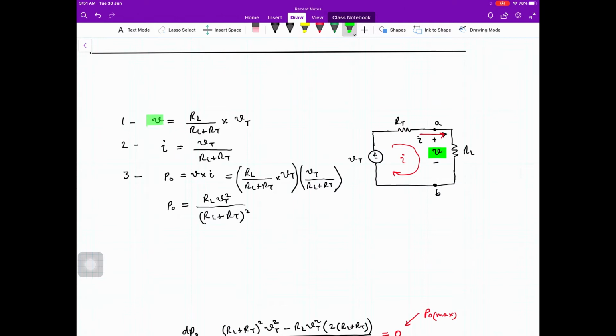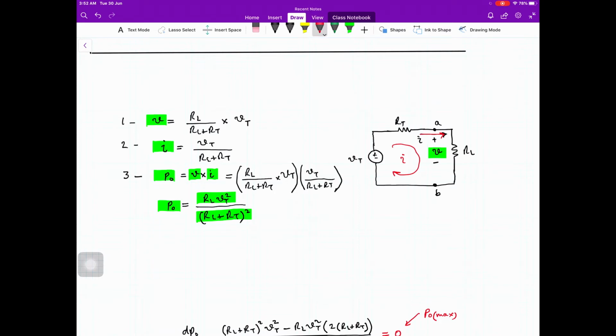Current flowing through the load, the mesh current in this case, is the voltage divided by the sum of these two resistances. As the power is the product of voltage and current, we see that the final expression of the power is RL Vt square over (RL plus RT) square.